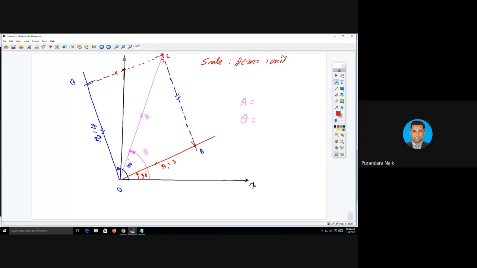A is equal to length of OC into scale. What is the length of OC? Please, can anyone answer? Actual length, scale, 1/2.